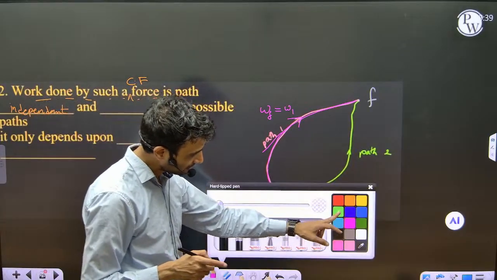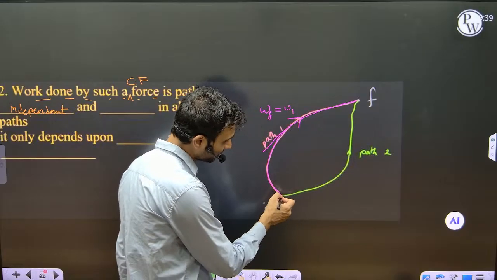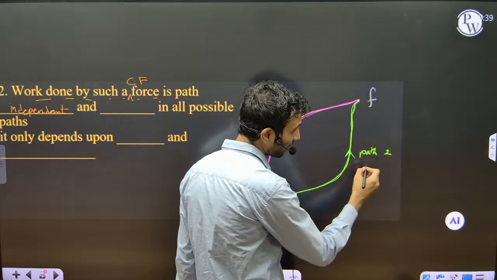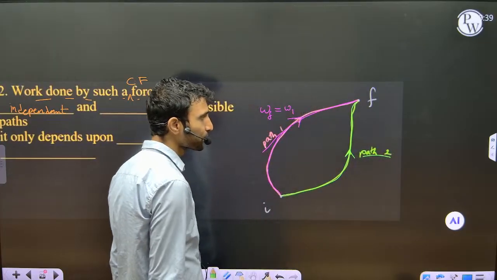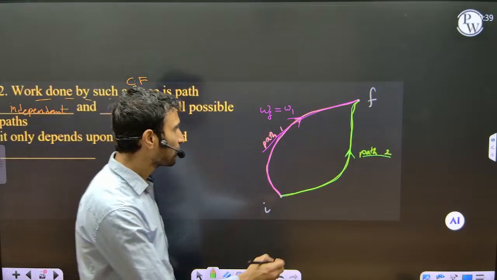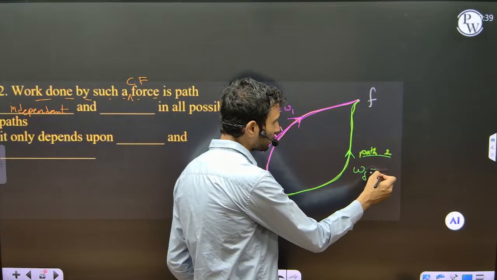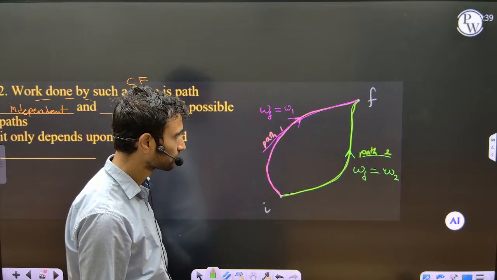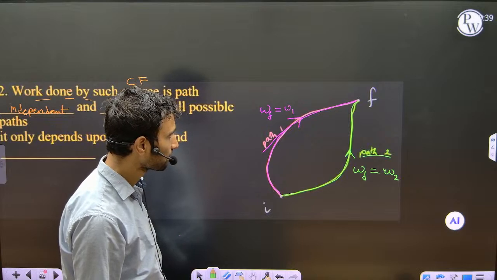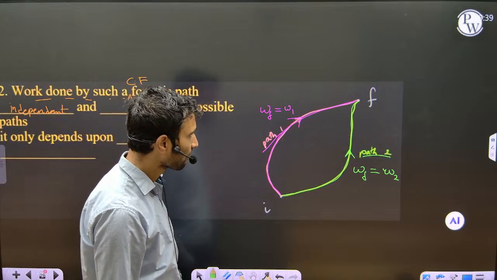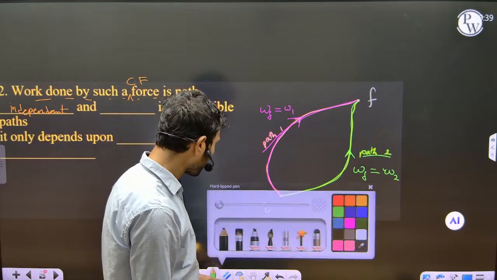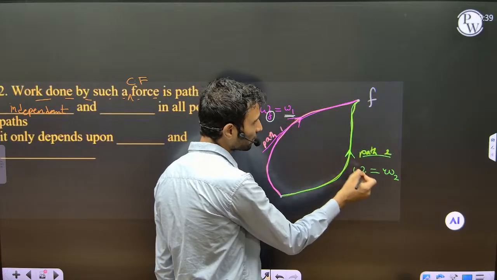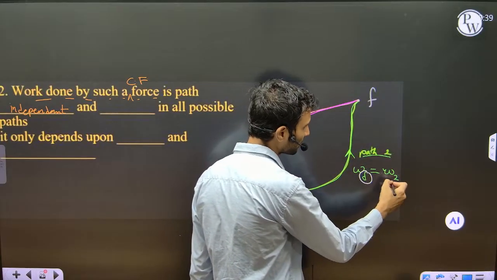But your friend takes a different path, path number 2, and work done by the force in this case is, let's say, W2.